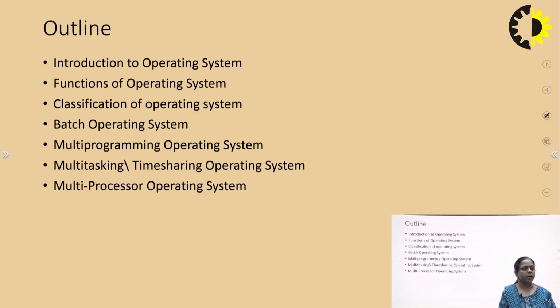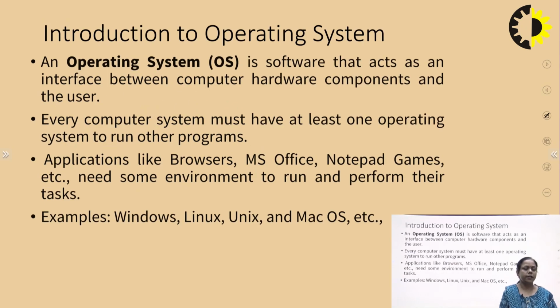So firstly, we will understand what is the meaning of operating system, and how it is very important for us. An operating system is a software that acts as an interface between computer hardware components and the user. Every computer system must have at least one operating system to run other programs. What it means is that the operating system is a layer between the hardware components and the user.